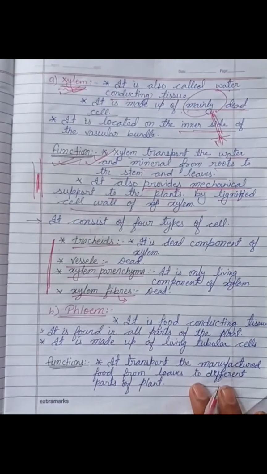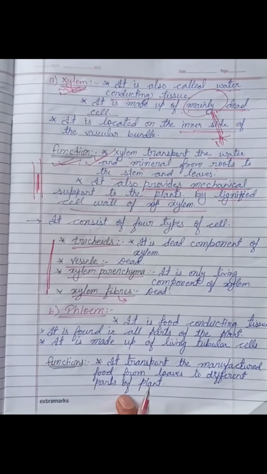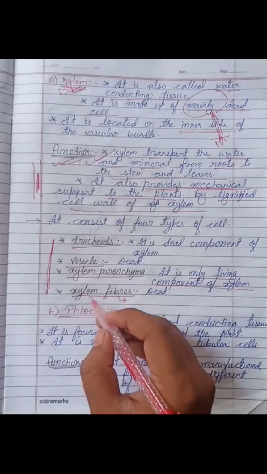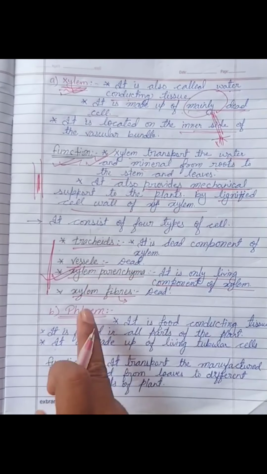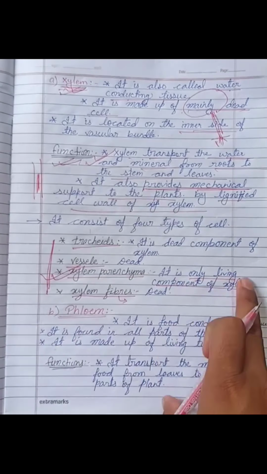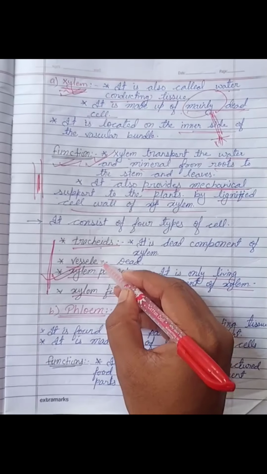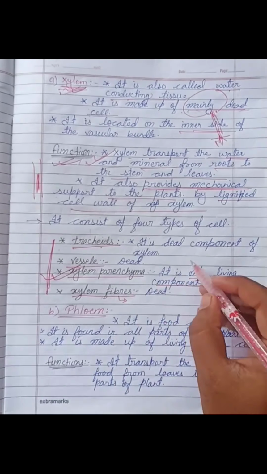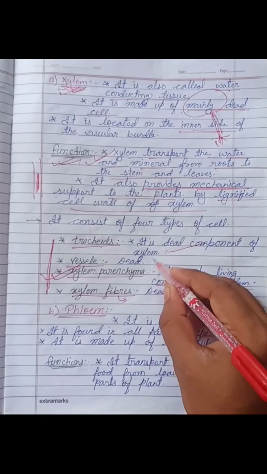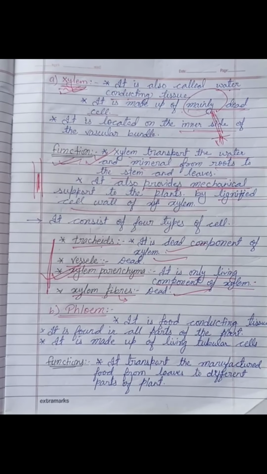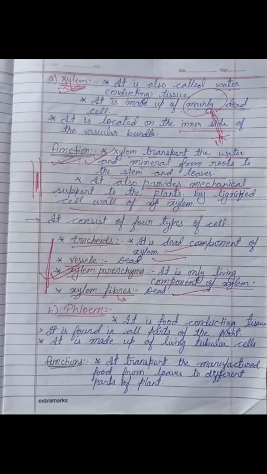Among these 4 types of xylem, the parenchyma is the only living component of xylem cells. Otherwise, tracheids, vessels and xylem fibers are dead in nature. Is it clear? Is it okay?